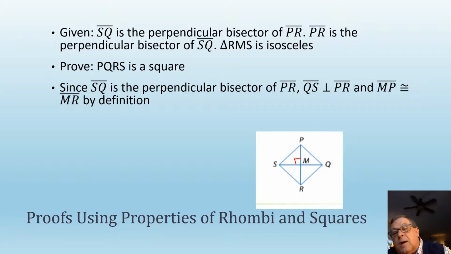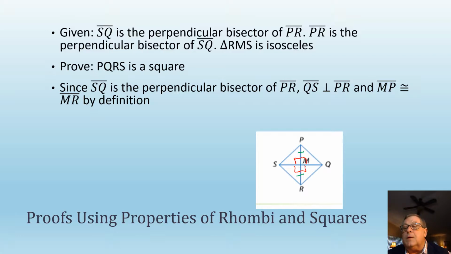We got nothing but right angles in here because these two are perpendicular. And segment MP is congruent to MR by definition. So these two segments, MP and MR, are congruent.